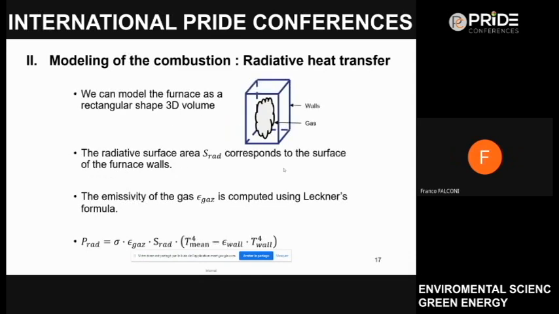And finally, we have to take into account the energy that has been lost by these hot gases, because they are radiating and they follow the Stefan-Boltzmann law of radiation that we can see here, and this is the main way in which the gas gives the energy to the water that will evaporate.